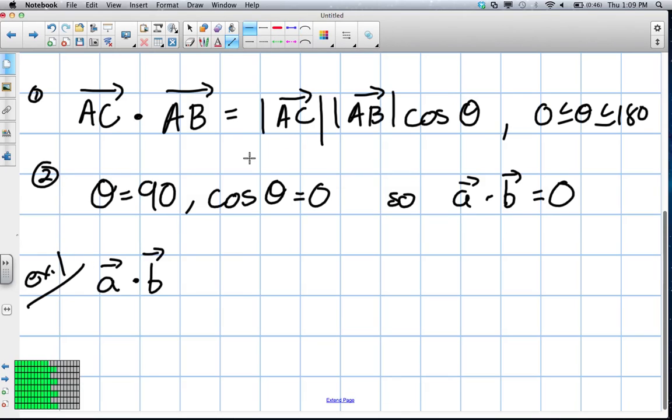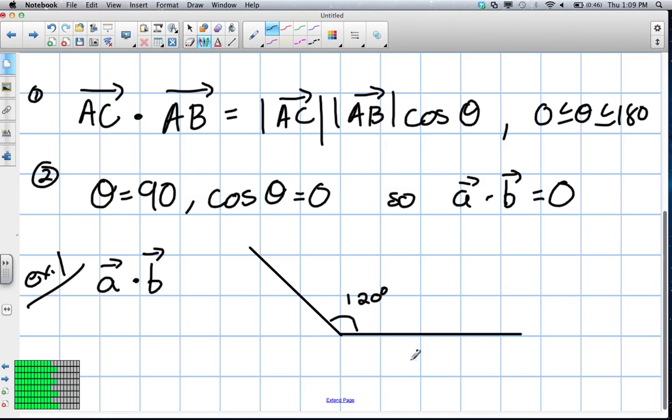And what they've told us is that we have vector A and vector B. There's an angle of 120 degrees between the two of them. Vector A, magnitude of 3, didn't give us anything else. Vector B, magnitude of 5. They want us to find the dot product of these two vectors.